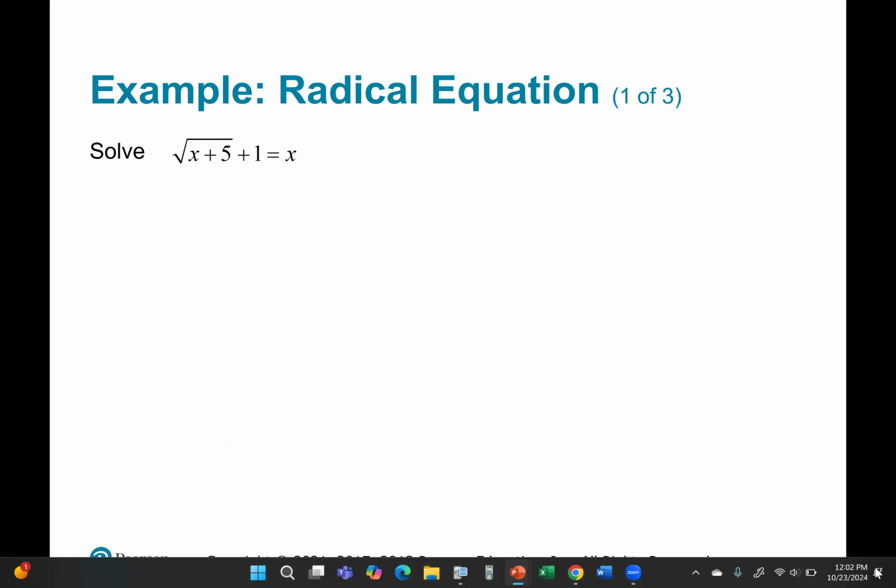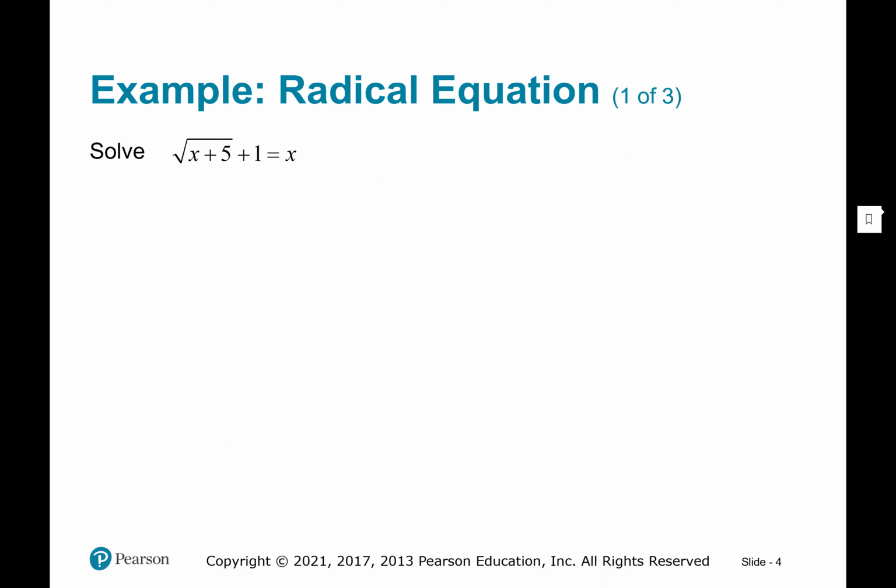Solve the radical equation. The square root of x plus 5, plus 1, equals x. Step number 1, isolate the radical. Which means I need to get that 1 over there.